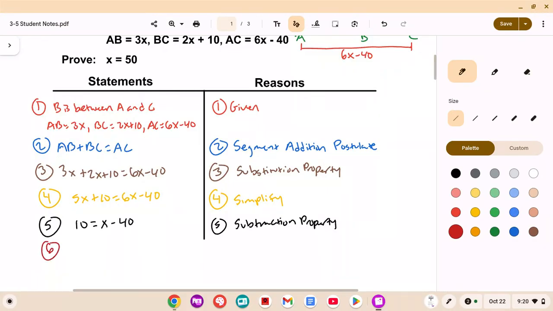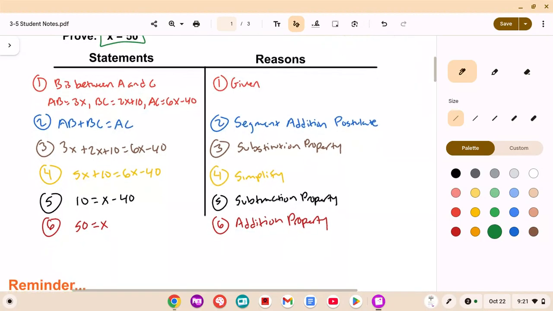Okay, next I'm going to add 40 over to the other side. So I'll get 50 equals x. Addition property. So my goal here was to get x equal 50. And we're there.